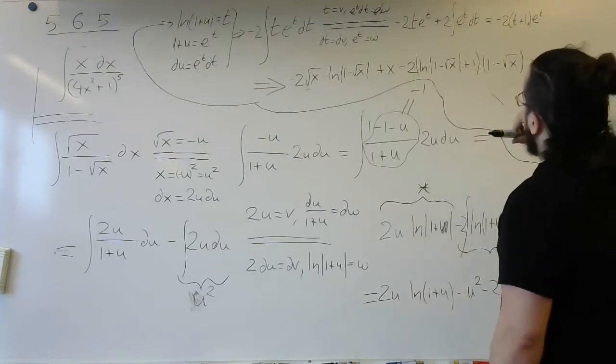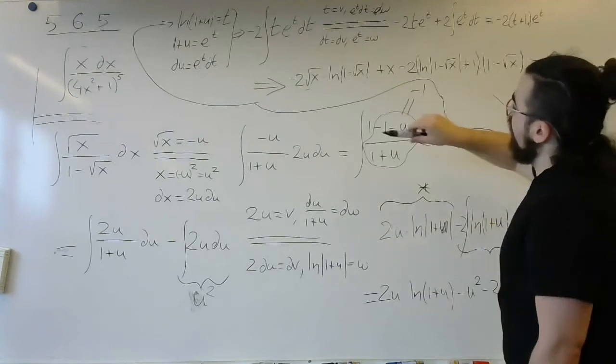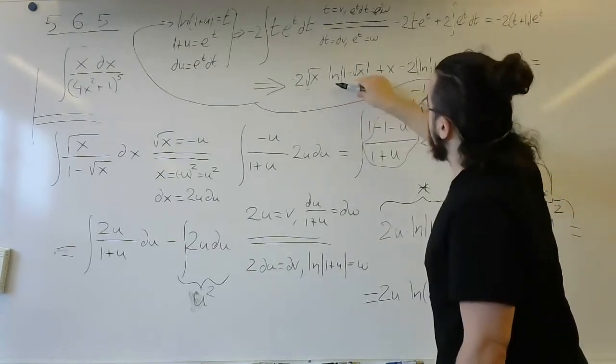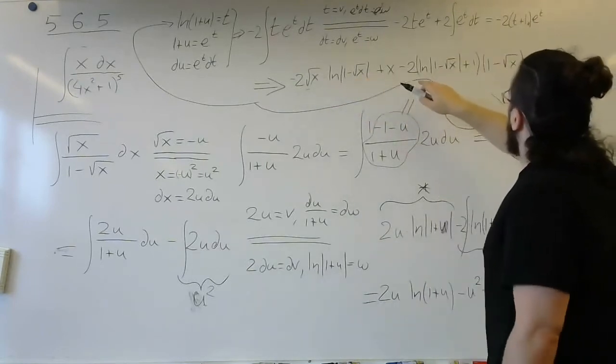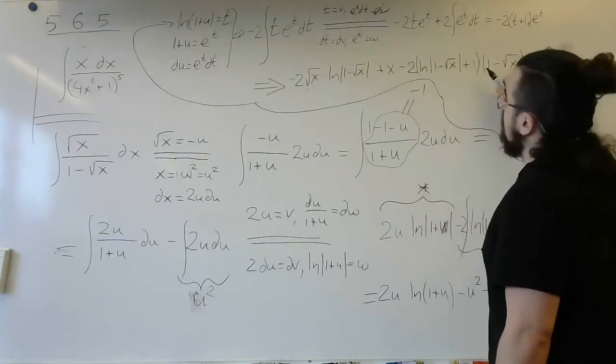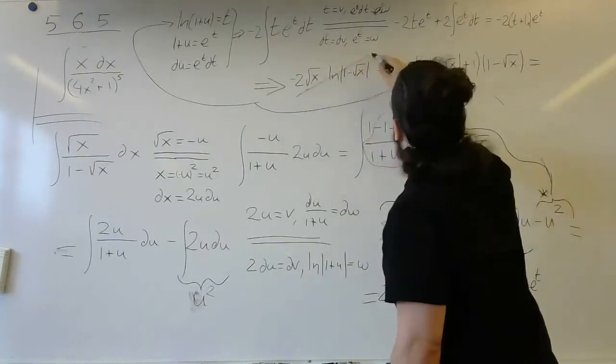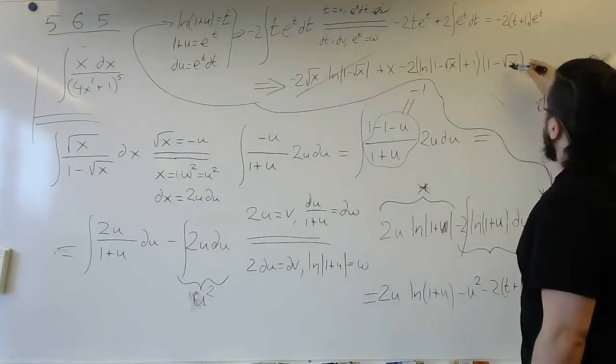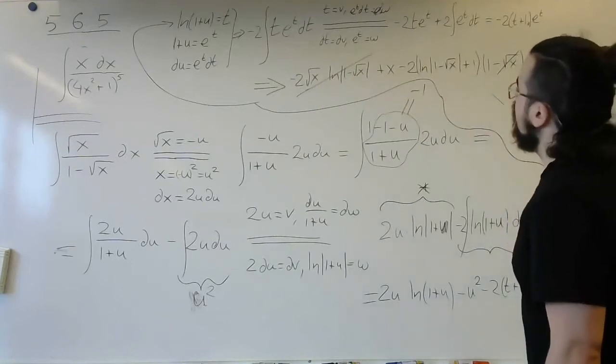So we have minus 2 square root of x logarithm minus 2 logarithm minus square root of x. So this cancels out.